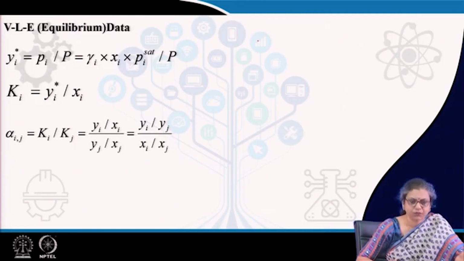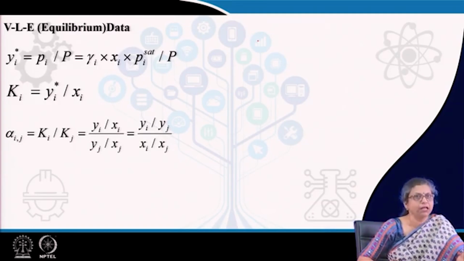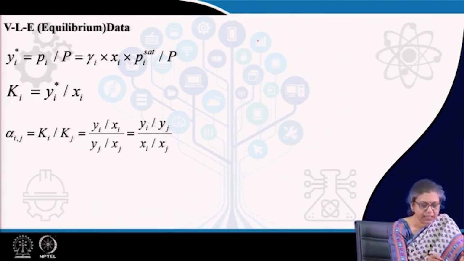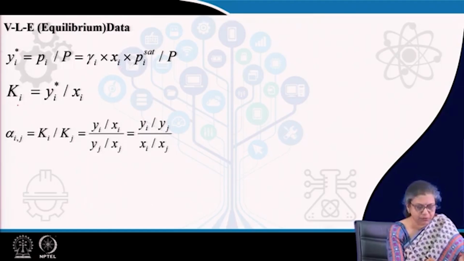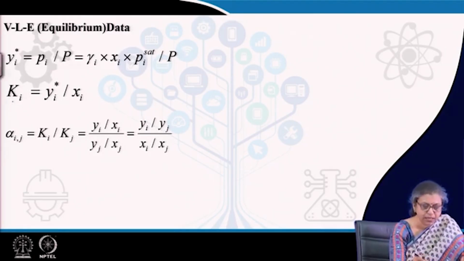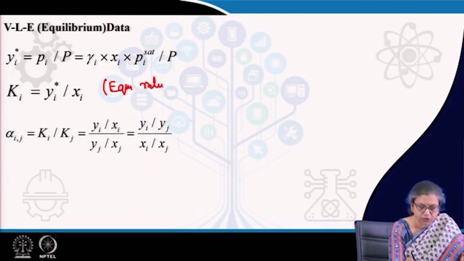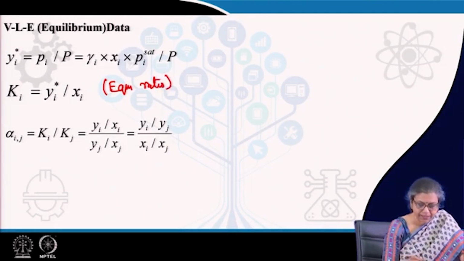So this was the vapor liquid equilibrium, and I would also like to mention that it is not only that we find y_i from x_i. Very frequently we can express the vapor liquid equilibrium data in terms of an equilibrium ratio, K_i, which gives the ratio of y_i by x_i.